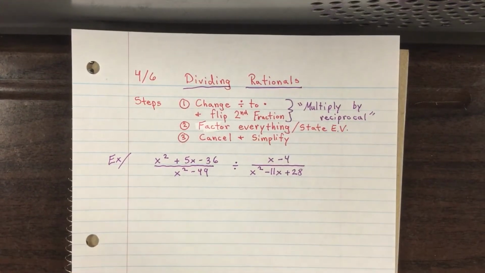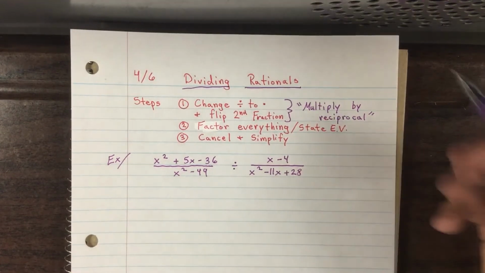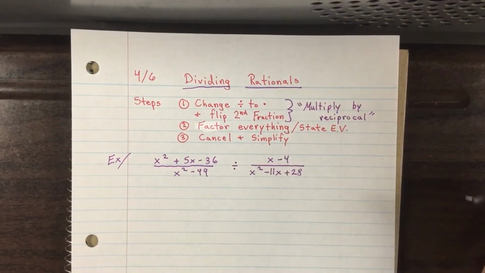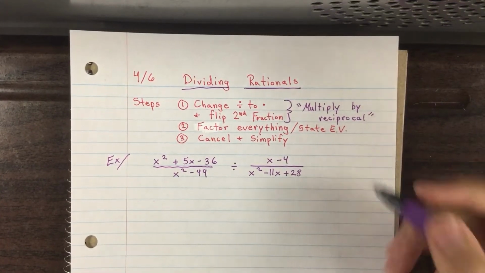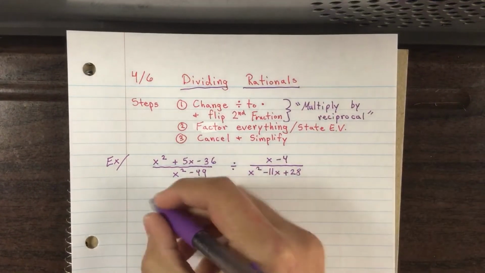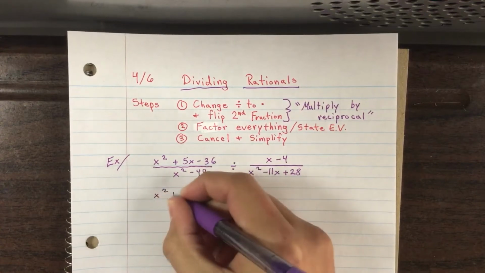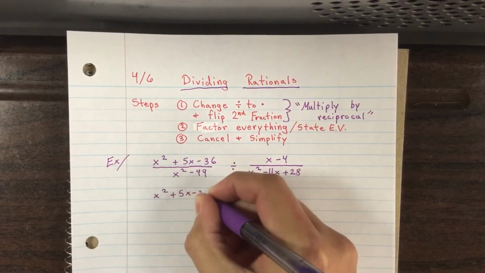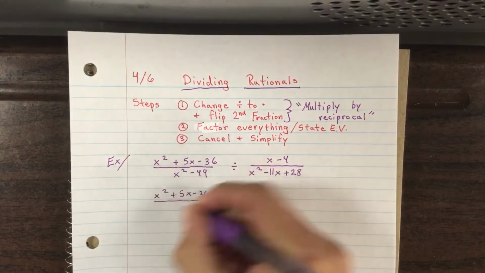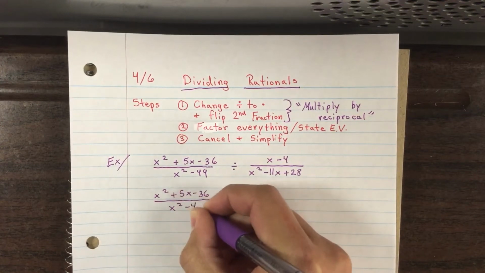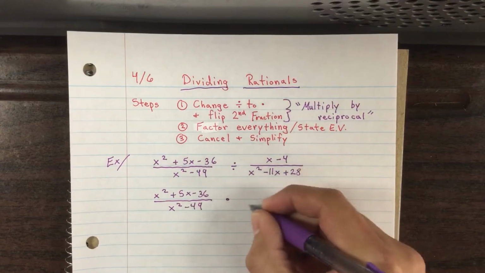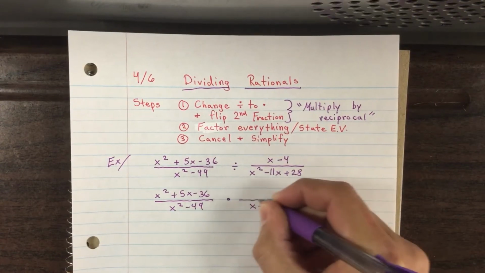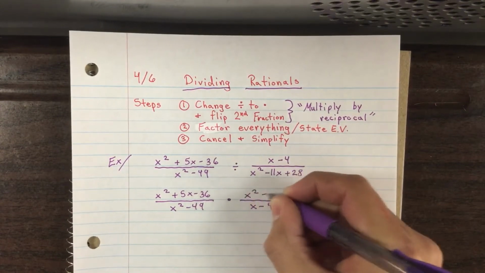All right, so here we go. First example. I see a division sign in the middle. That should be a red flag. I need to change that to a multiplication. I'm going to be rewriting it a little bit because it's the notes, but you could make it shorter when you actually get comfortable.